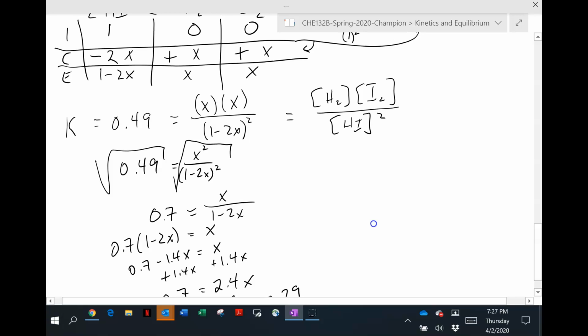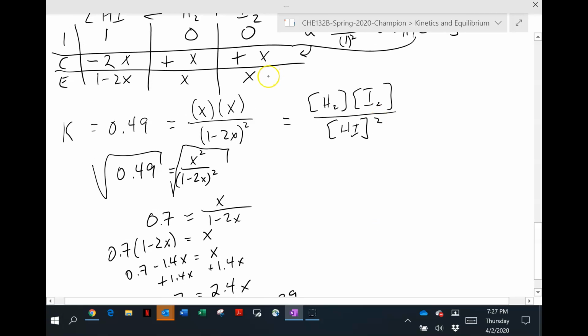Okay, so what we've got here, this x becomes 0.29. This x becomes 0.29, and then 1 minus 2x is 1 minus 2 times 0.29. I take that back, that's 0.29, not 0.24. It's going to be 0.42 basically.